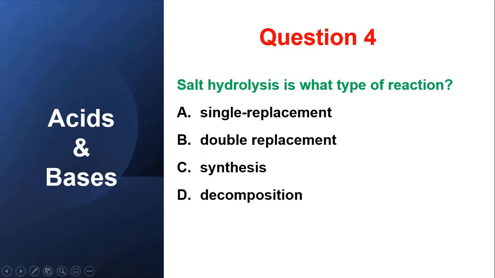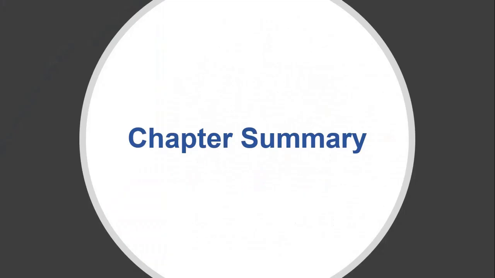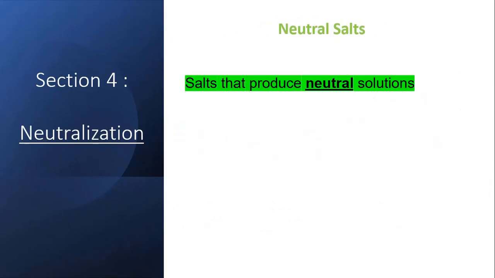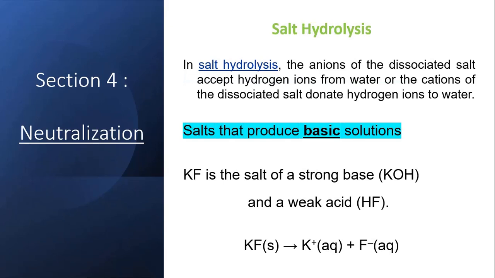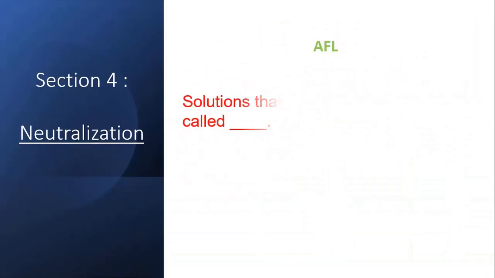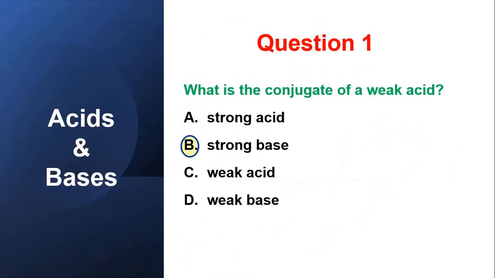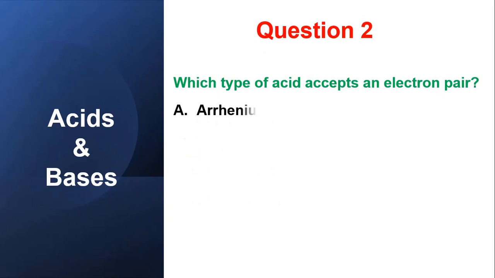Salt hydrolysis, in which type of reaction? This is the decomposition, because if you go back to salt hydrolysis, let's go back to salt hydrolysis. This is the salt hydrolysis. You just need to break down the salt and see what will happen to that salt, whether it's coming from a basic or acidic solution.